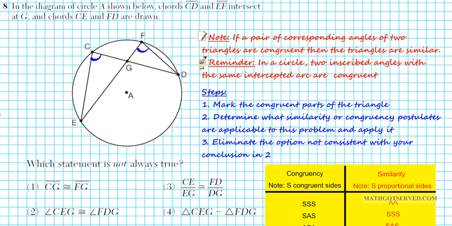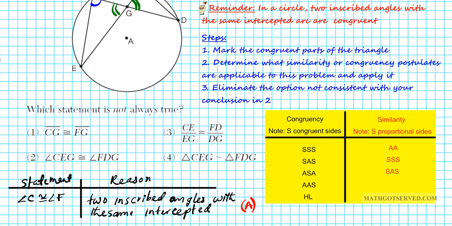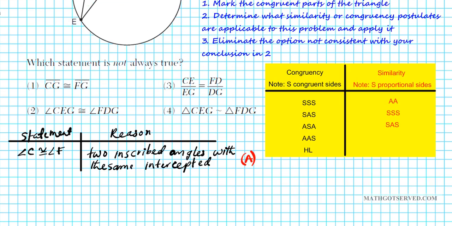All right, so let's see what else we can deduce from this triangle. Take a look, CGE and FGD. What do you notice about those two angles? What do you notice about this angle right here and this angle right here? They are congruent. Do you know the reason for their congruency? Let's write it down first.